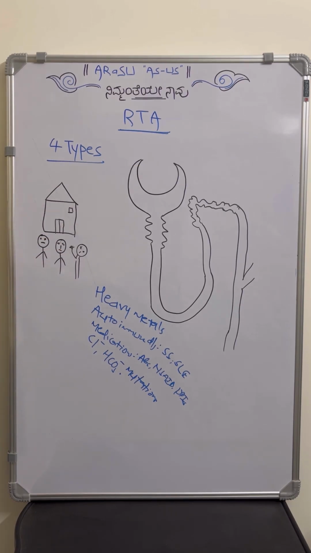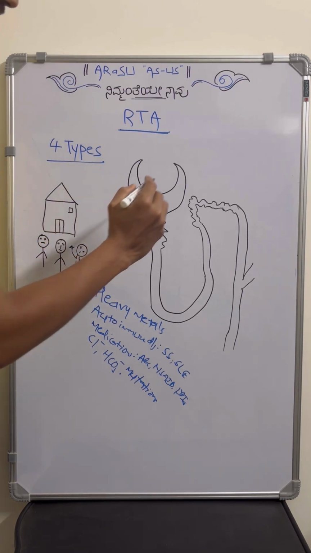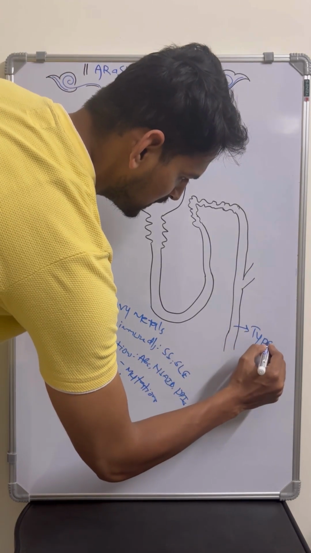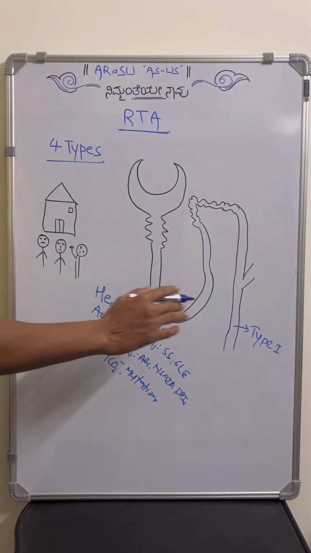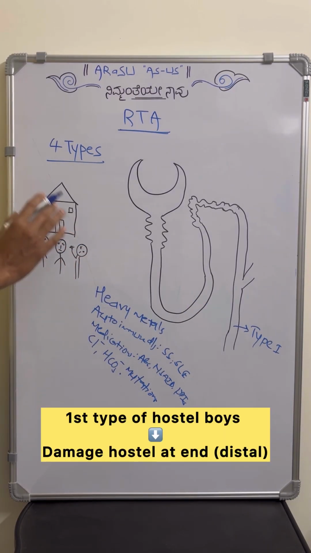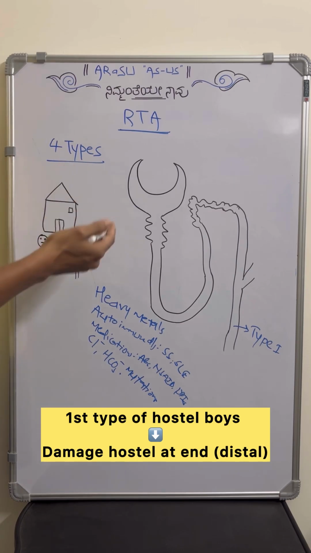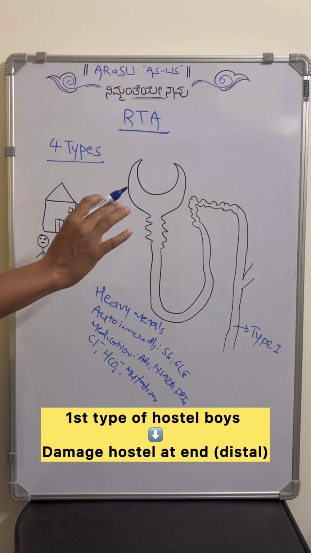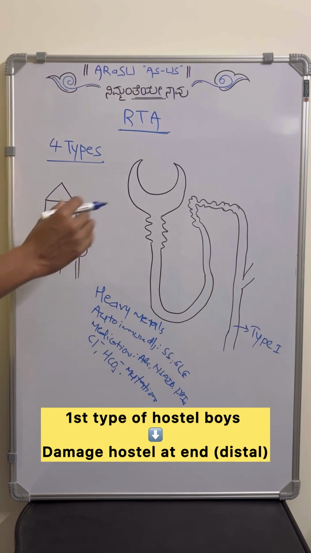So now how to remember this? First, type 1. Type 1 is distal, as we said. What happens? A few students will join the hostel, but when it comes to leaving the hostel, they will try to damage things, like break the glasses, windows, doors and all.